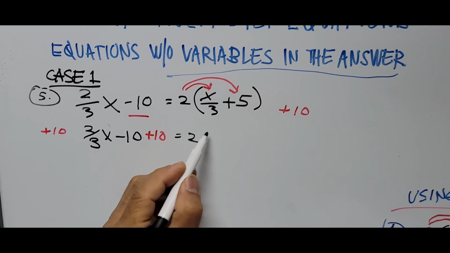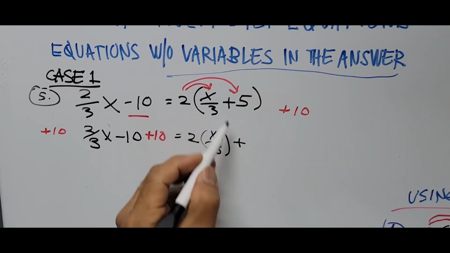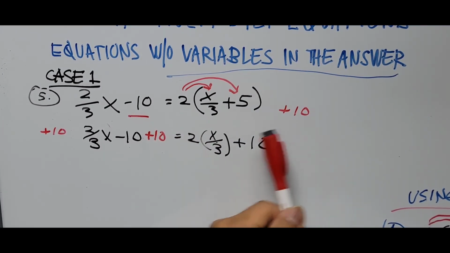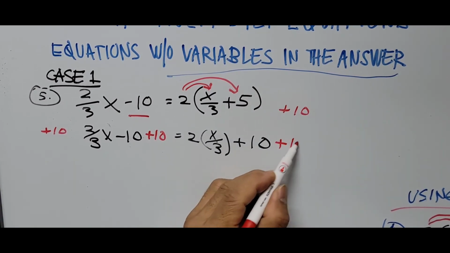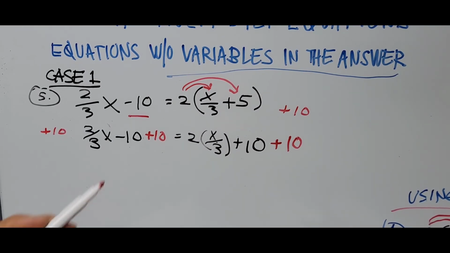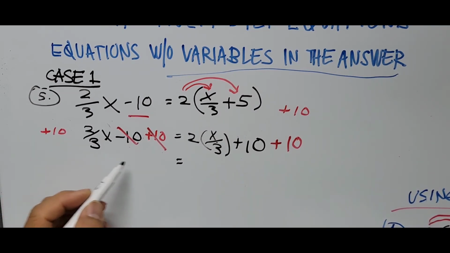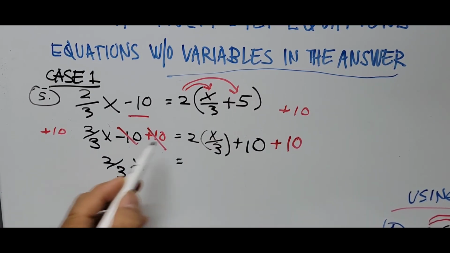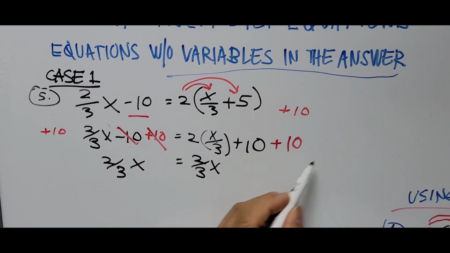So 2 times x over 3, carry over the plus sign. 2 times 5 is 10, and now we have that plus 10 right there. Since you added 10 on the left side, you do it on the right the same way. So plus 10. So over here, cancel this here, this side. Okay. So simplify. So that's what we have left over here. Just 2/3 x and 2/3 x. 10 plus 10 is 20.